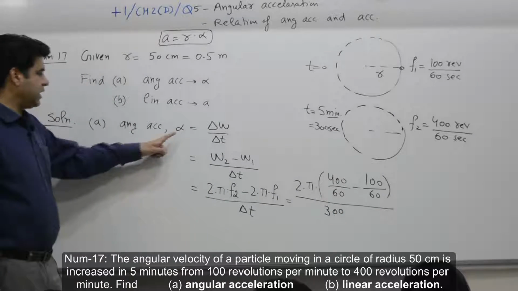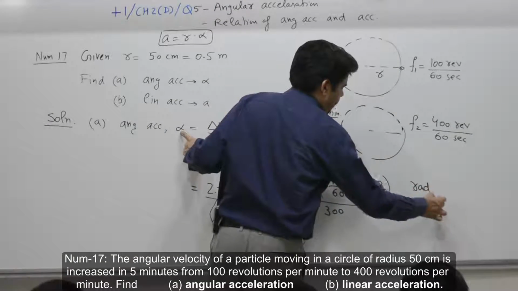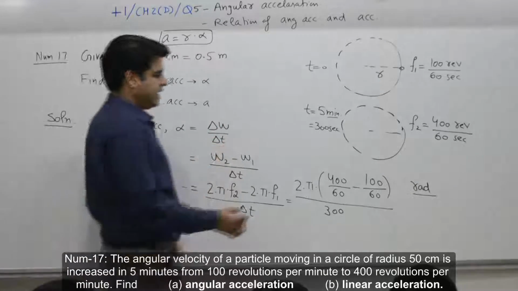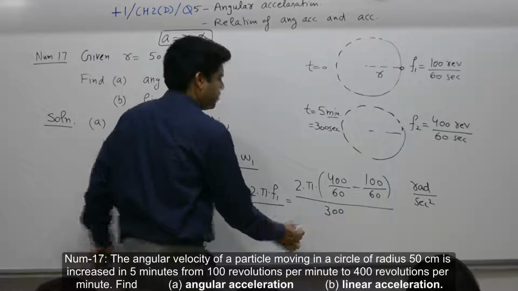Now the SI unit for angular acceleration is radian per second divided by second, radian per second square. Solve and come out with the answer.